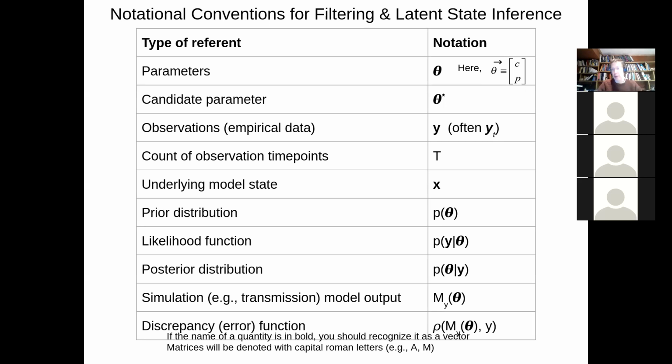You'll see both of those, unfortunately, in this lecture. And I apologize for that. I'm going to try to clean up the notation for future renditions, and ideally before I post these. And just as a reminder, we're going to denote observations with Y. And in many cases, we're going to have time series. So it'll be Y sub t. It's indexed by time.